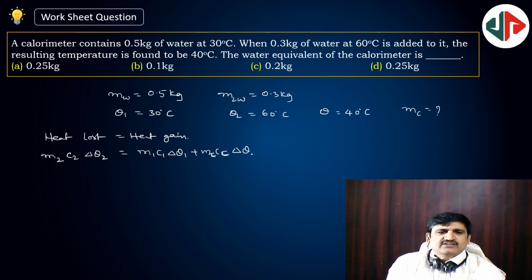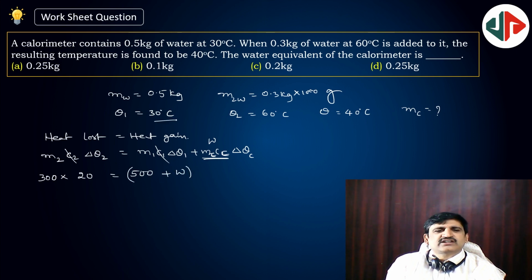Delta theta of the hot body, 60 to 40, is 20, equal to 500 gram plus water equivalent into delta theta 30 to 40, which is 10.